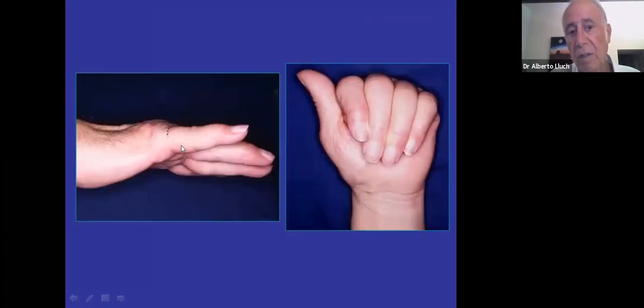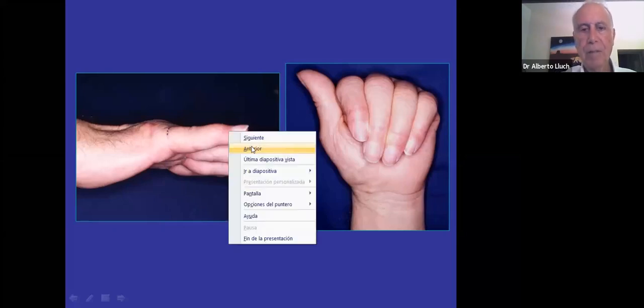And this is the result, which is quite functional, because it has good MP joints, because you released them, and practically full extension and full flexion of the PIP joints. The only thing he lost is the flexion of the DIP joints. And the DIP joints should always be fused in full extension, not in flexion, in most cases, unless it is a boutonniere, to get more balance between flexion of the PIP and the DIP joints.